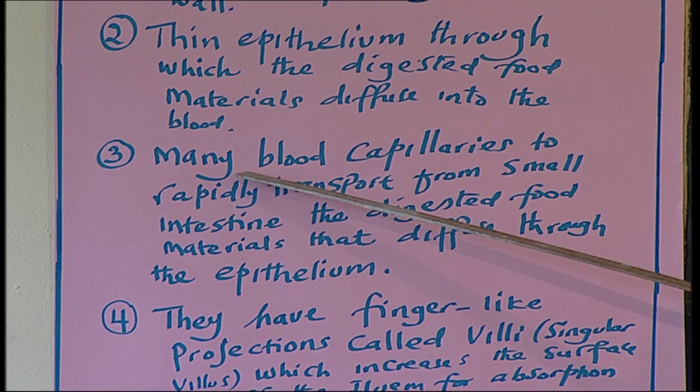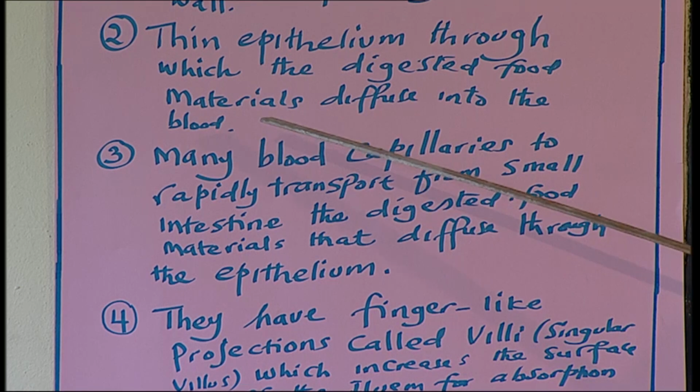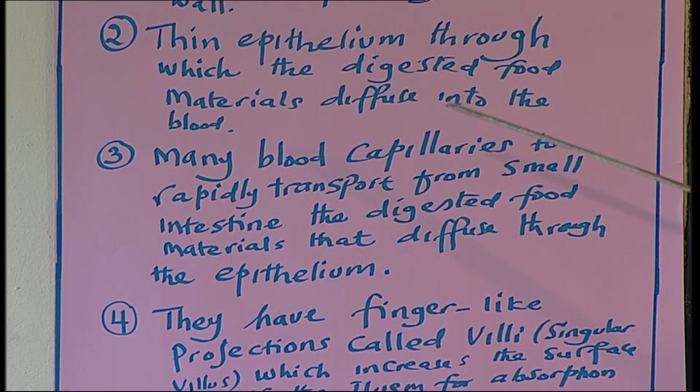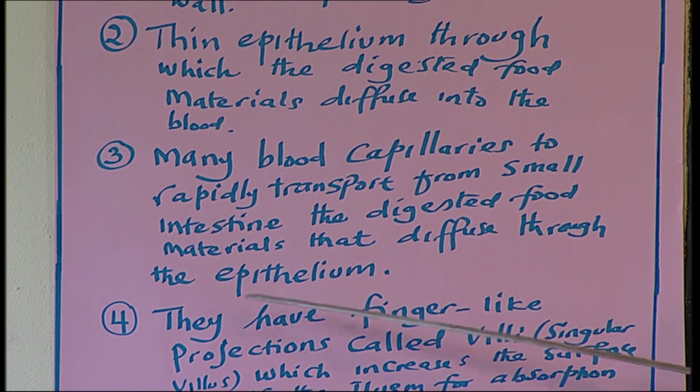Number three, it has a dense network of blood capillaries. As there is a network of many blood capillaries, that facilitates rapid transport away from the small intestine of the digested food materials that diffuse through the epithelium.